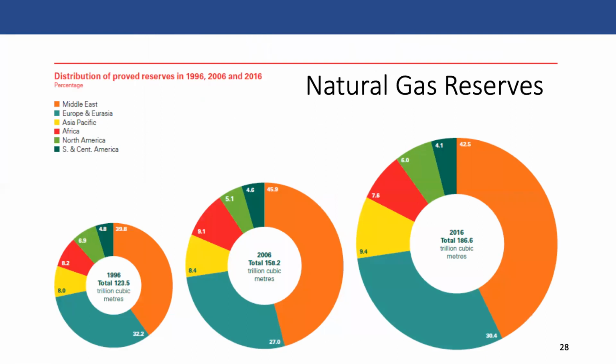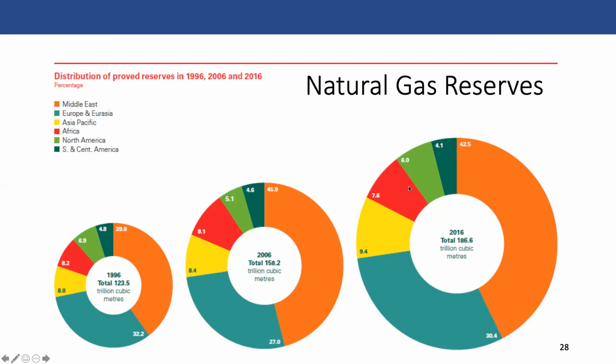Okay, and so this is part of what Facundo was alluding to, and we'll talk a little more about this in a second. These are natural gas reserves changing over time. They've increased by about 50% over the last 20 years or so.